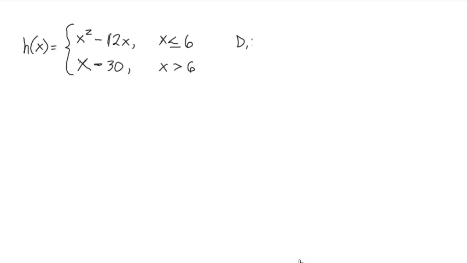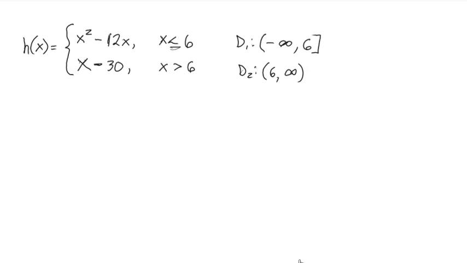The domain of piece 1 is all x values that are less than 6 but also equal to 6. And so the domain is going to be negative infinity up to 6, but it's going to include 6, so we're going to put a bracket. The domain of the second piece is all x values greater than 6. So that's going to start at 6 and go up to infinity.